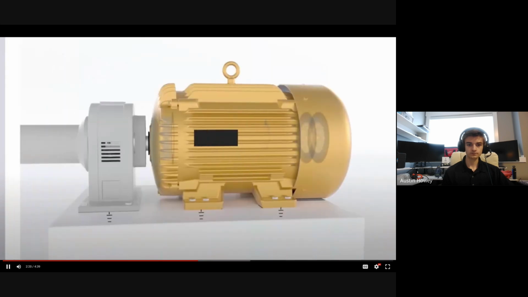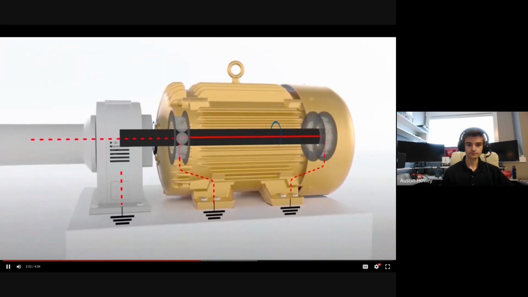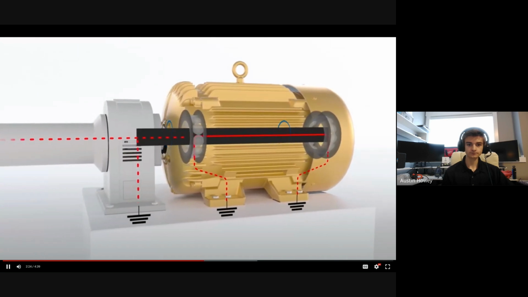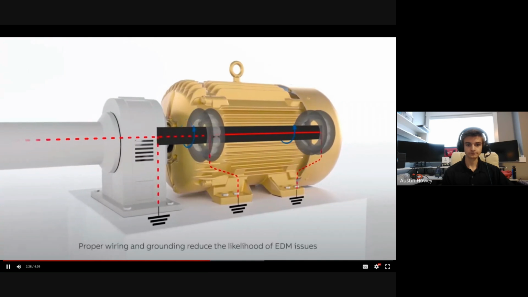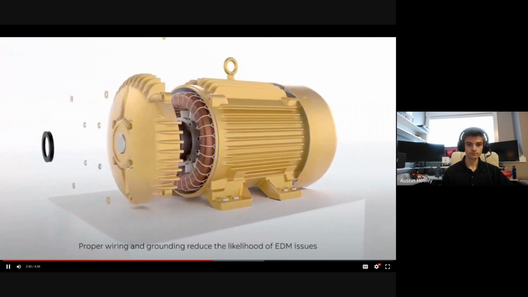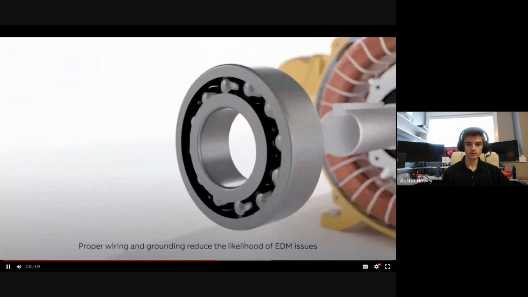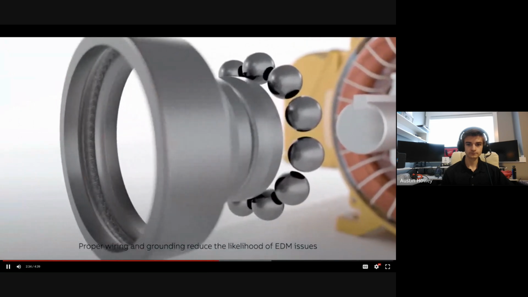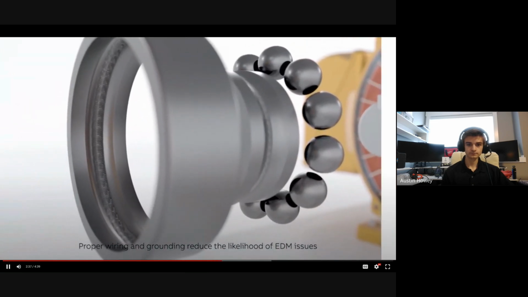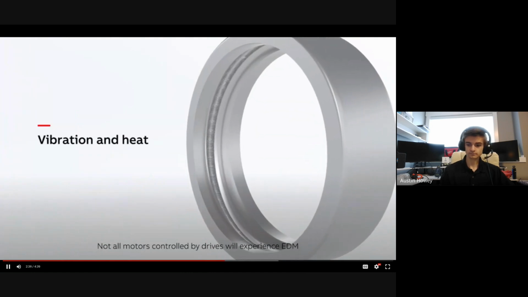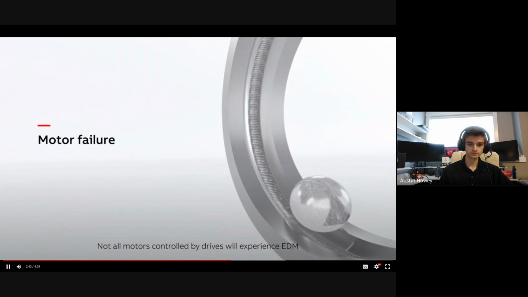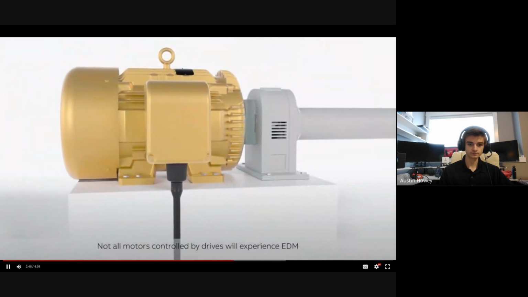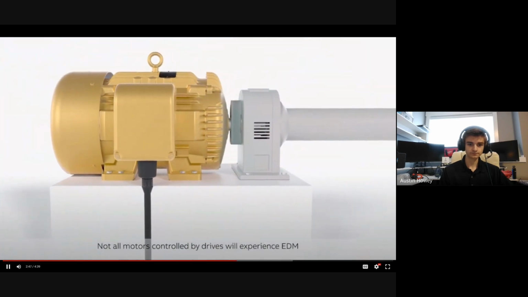Common mode voltage builds up across the bearings due to the dielectric effect on the bearing grease and will eventually discharge through the bearings in what is referred to as EDM, or electrical discharge machining. Over time, this continual arcing will cause damage to the surface of the bearing race, resulting in vibration and heat, loud operating noises, and eventually motor failure. Using proper VFD cables and bearing protection will help.